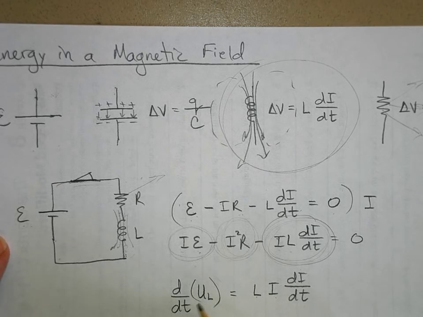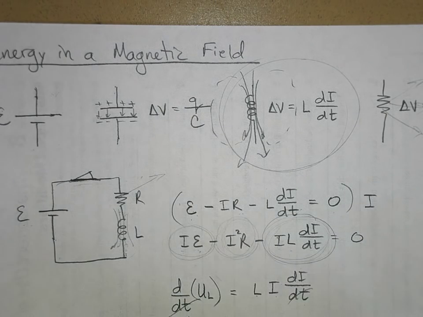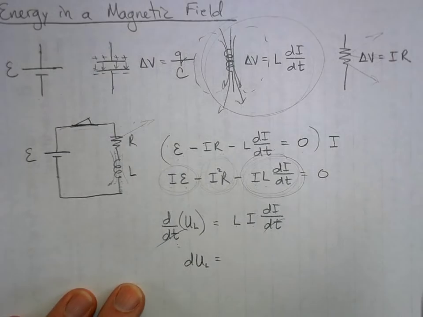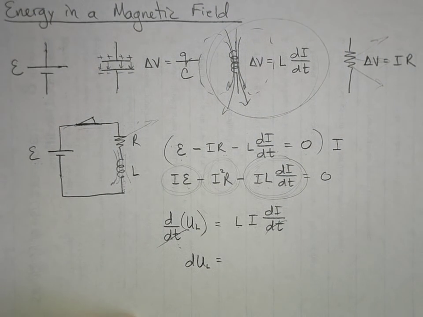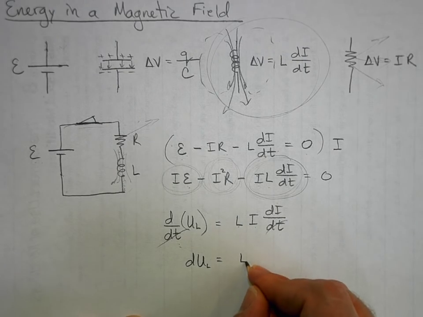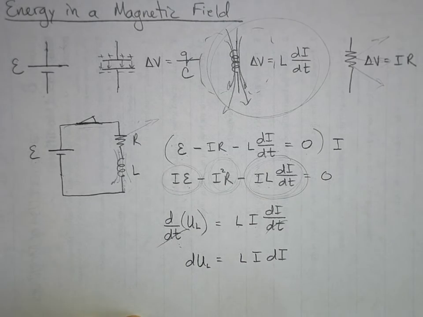Well, I just cancel out the dt's. So this means that dU, the rate at which I add energy to the inductor, it's not a rate anymore, a little tiny bit of energy added to the inductor, is going to be equal to L times I dI.